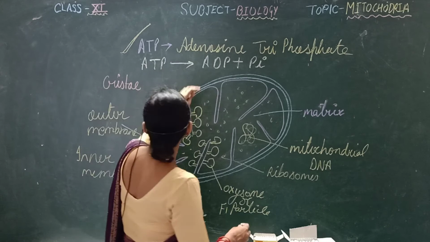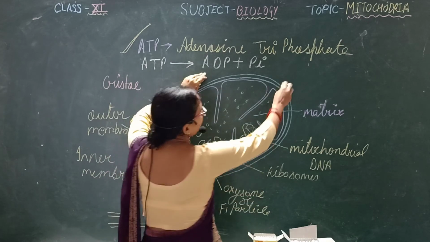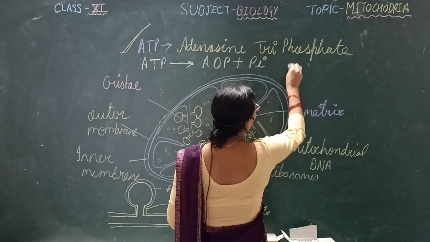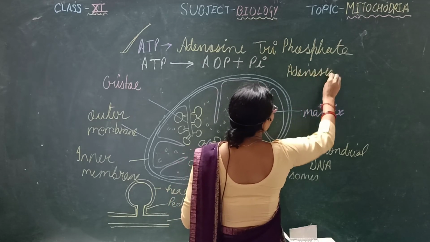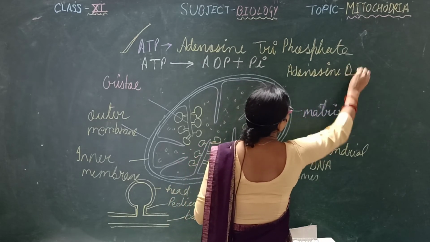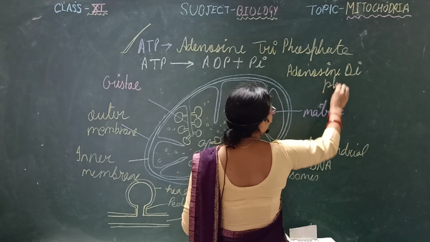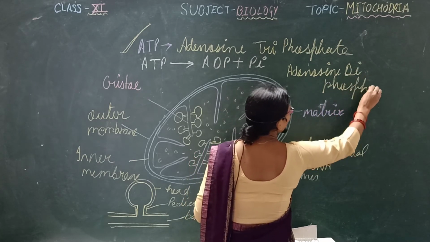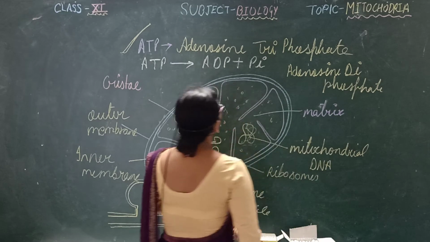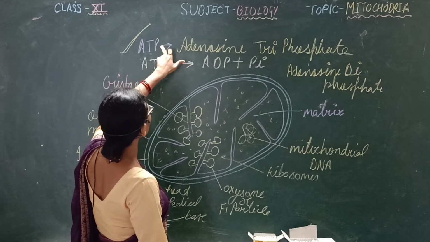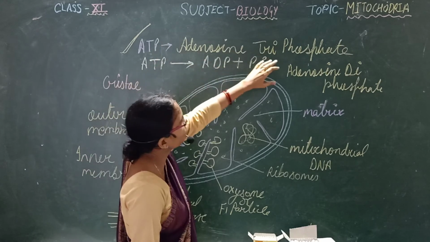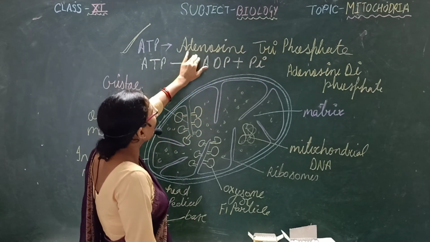I will write the full form of the ADP: adenosine diphosphate. Means here two molecules of phosphate are added, and in ATP three molecules of phosphate are added with the adenosine.